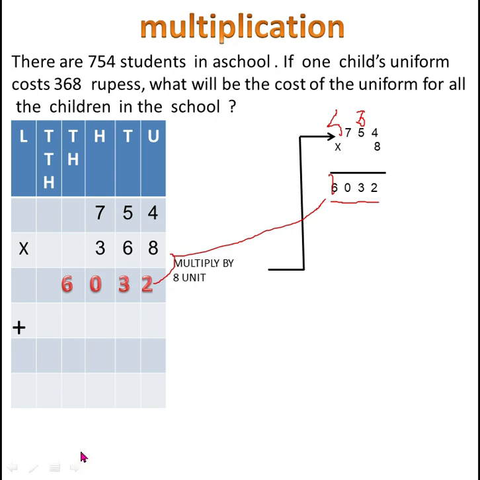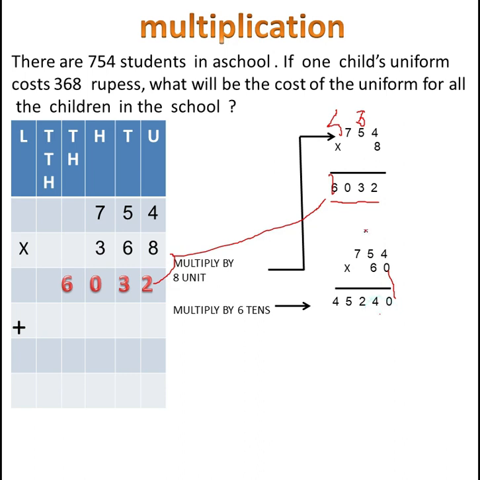Then I multiply 754 into 6 tens. 6 tens means 60. For this multiplication, I will get 45,240. We solve this example. First, I will put this 0 here. Then, I multiply 754 by 6. 6 into 4 is equal to 24.